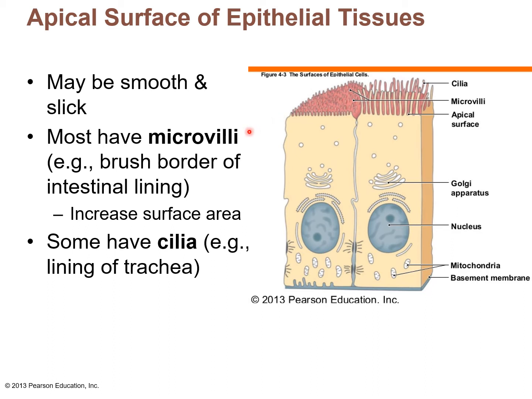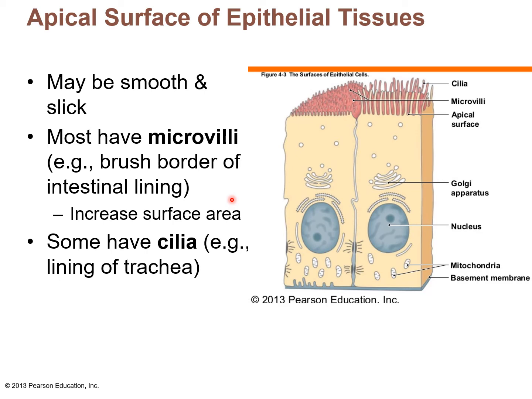Having microvilli increases the surface area of your tissue. What does that mean? It means that it's going to allow for more absorption to take place if you have microvilli. So the question is, do all of your epithelial tissues have microvilli on their apical surface? And the answer is no.